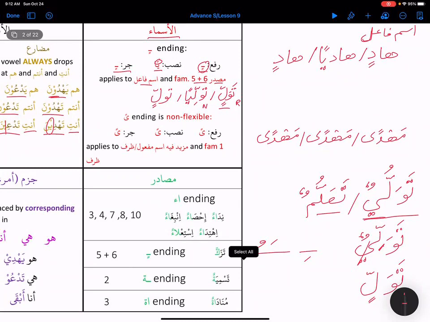Now this u and ya are not compatible, right? So what happened? According to this ya, we have given kasra to this lam. So when we did that, then we have another rule to apply now.